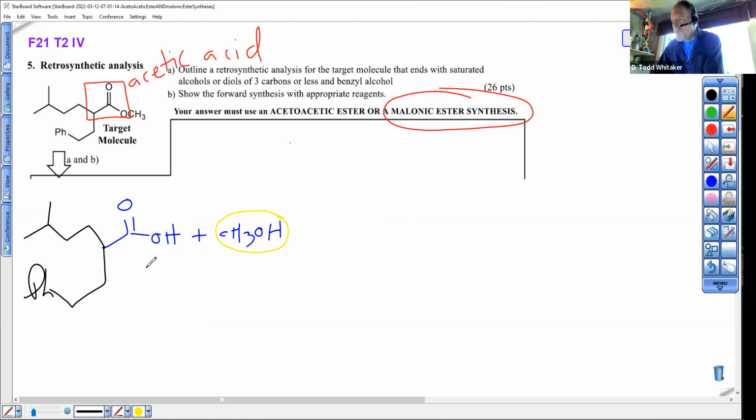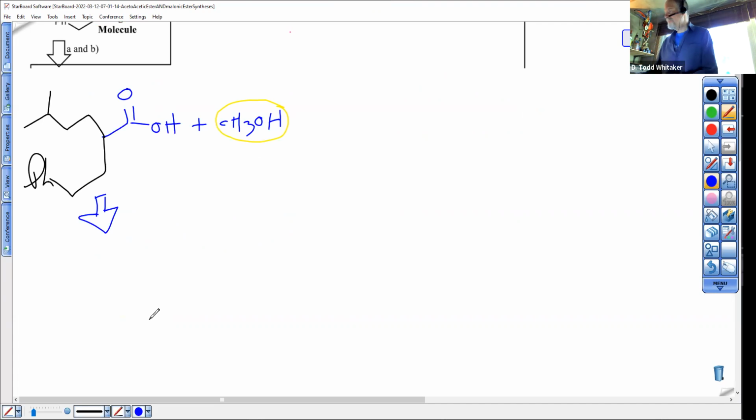Now we have to talk about what is in a malonic ester synthesis. Well, this is our new target, and it used to have two carboxylic acids before it was this target. Two carboxylic acids on the same position. And I don't want to draw my R groups more than I have to.